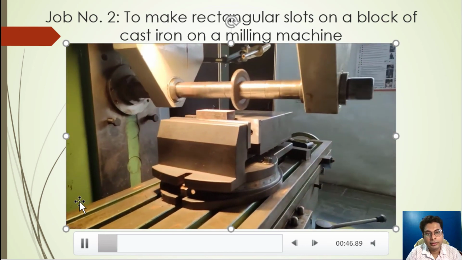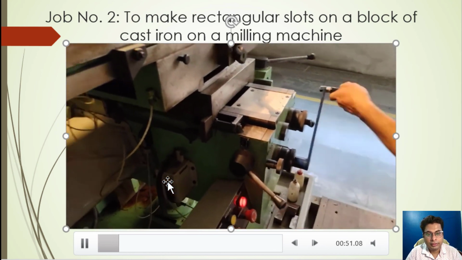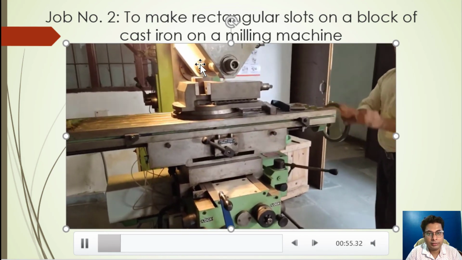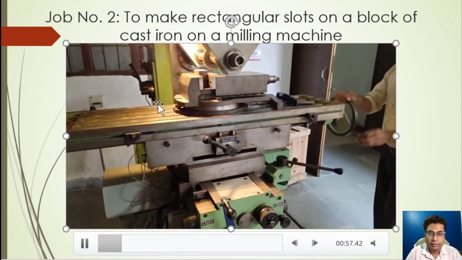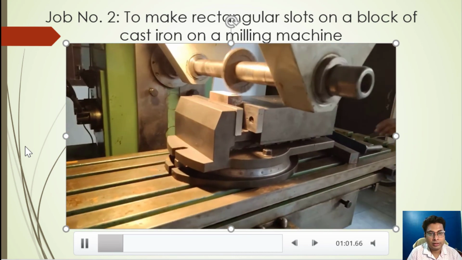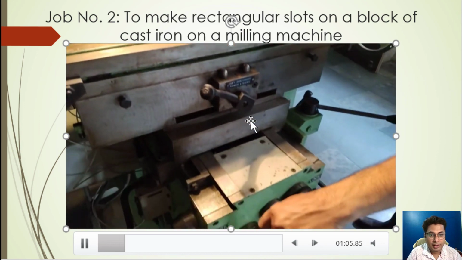See, he has now started the cutter which is rotating. In the lathe, as you may remember, the workpiece was rotating, but in the milling machine the cutter rotates.